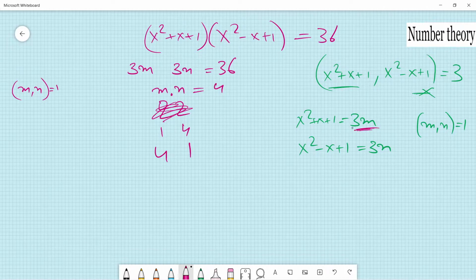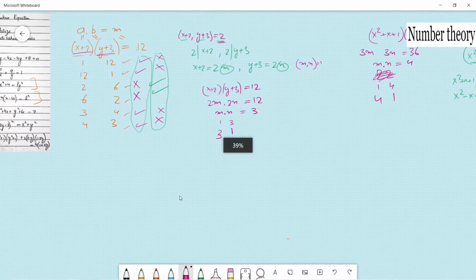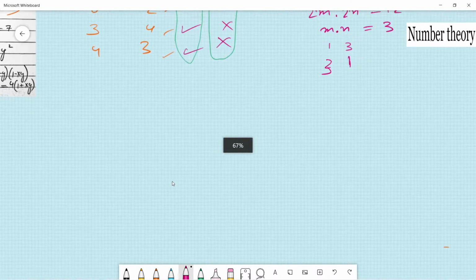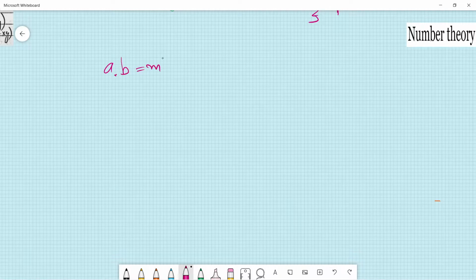And now if we had something like, say, a times b is m squared, where a here is again some big expression, and b also is some big expression, and m is just a number. Okay, suppose the GCD of a and b was 1.